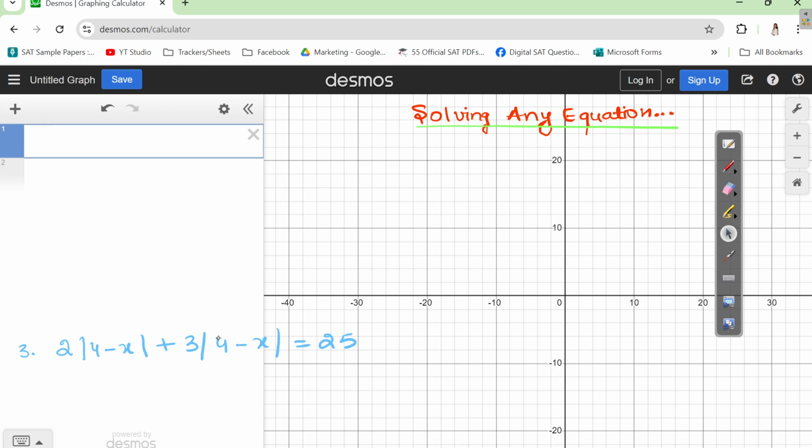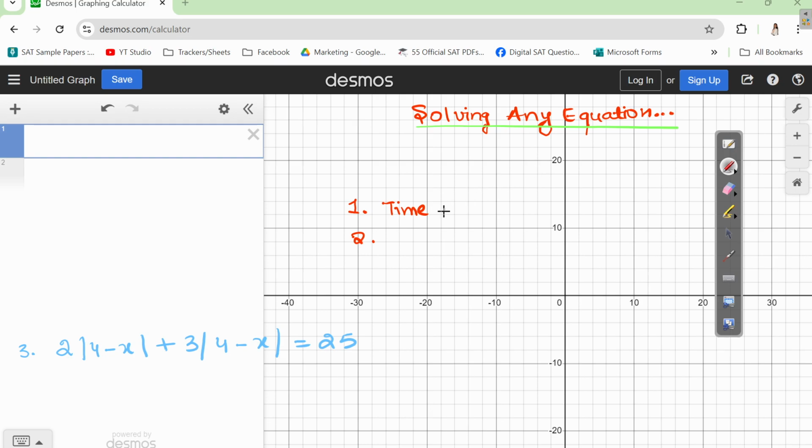The only reason I would recommend solving the equations on DESMOS is, well, not the only reason, but there are two reasons actually. The number one reason is that obviously you will save a lot of time. And the second reason is that you will not make a calculation error, because I know you guys will always make silly calculation errors in the exam, although you will not make the errors while practicing, but I don't know what happens during the exams.